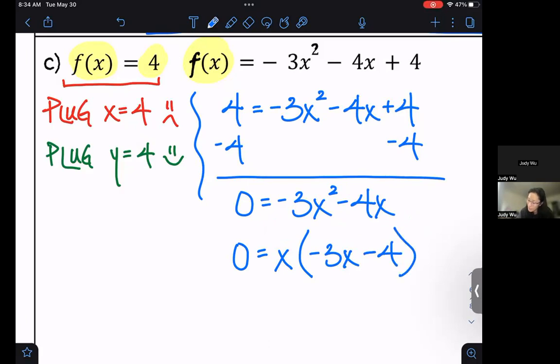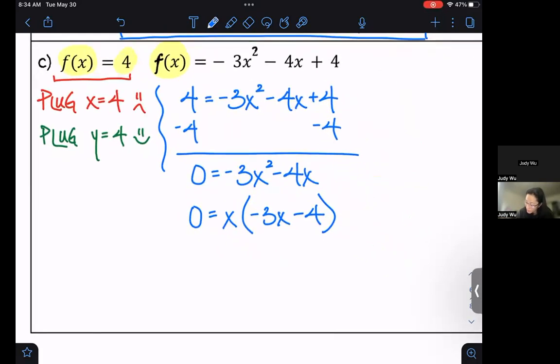Now, if you had said, oh, Judy, I actually wanted to factor out a negative x, like negative x, and you get 3x plus 4, that would have been fine as well. Both of these versions are fine, as long as our signs match when we distribute back and we get to the original, okay?